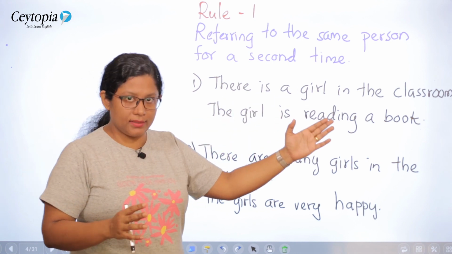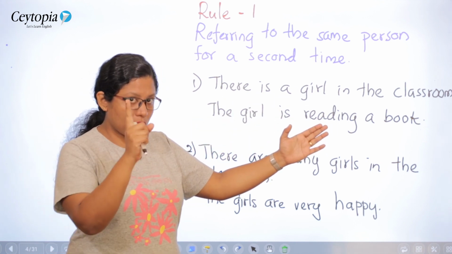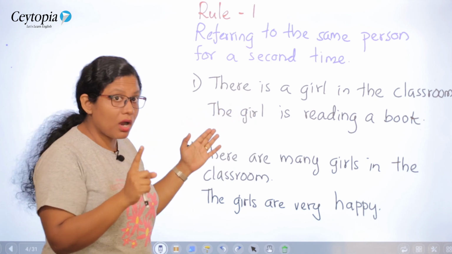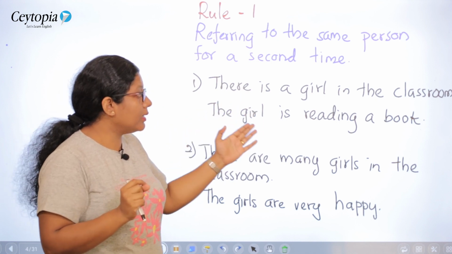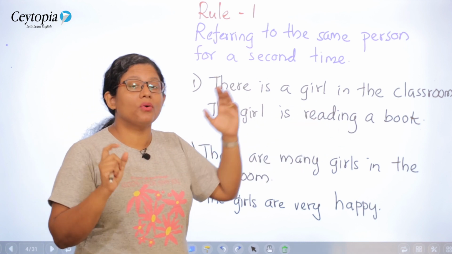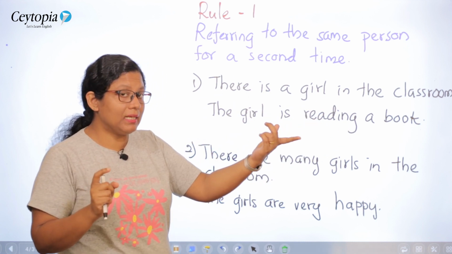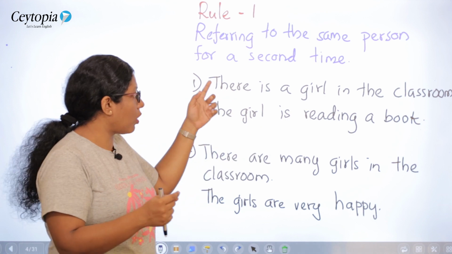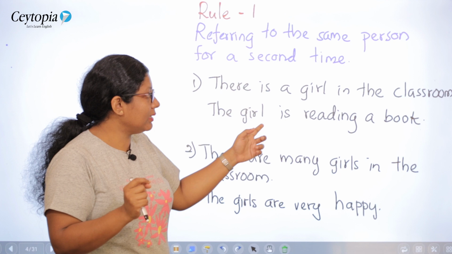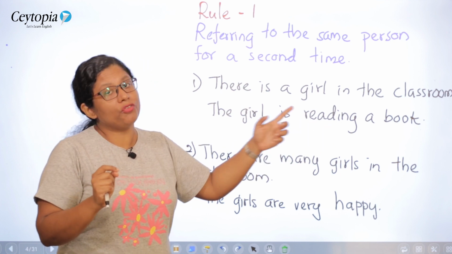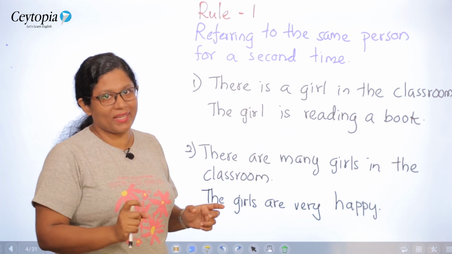There is a girl in the classroom and you are talking about one girl, and now you are referring to a particular person. The girl is reading a book. You are talking about that particular girl about whom you were talking in the first sentence. That particular girl is reading a book. So now you know about whom you are talking.